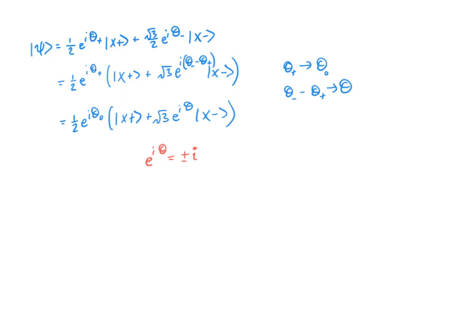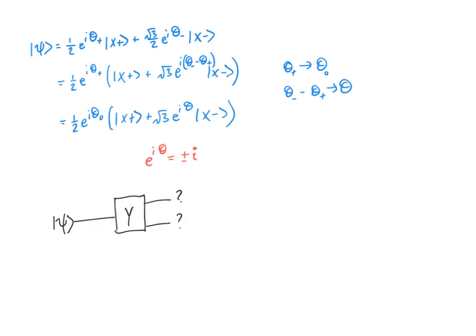Any other value of e to the i theta would give you an incorrect magnitude or amplitude for the measurements performed in the z direction. You'll actually be doing this as part of your homework assignment to prove that this is the case. Now, you might ask, okay, well, plus or minus, I still don't know what it is. If you want to figure out whether it's positive or minus, you would then have to perform a third experiment by measuring the spin of our state along the y-axis.